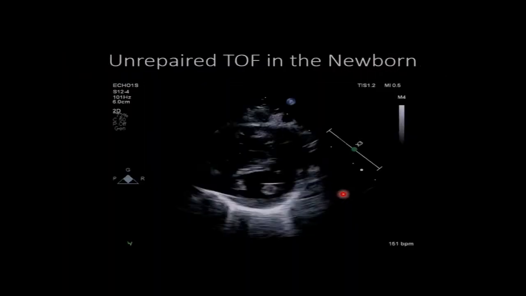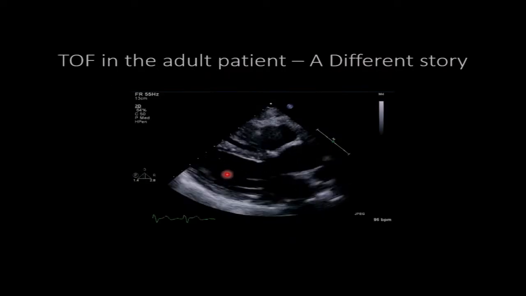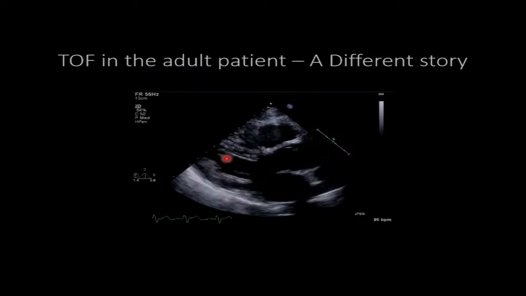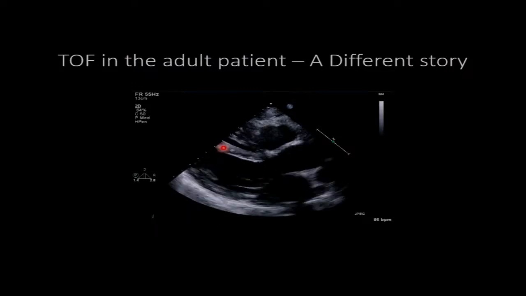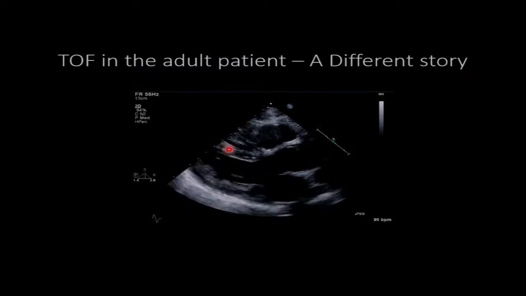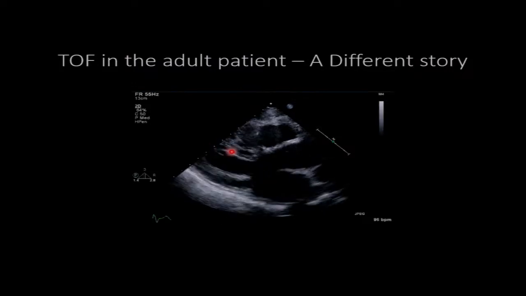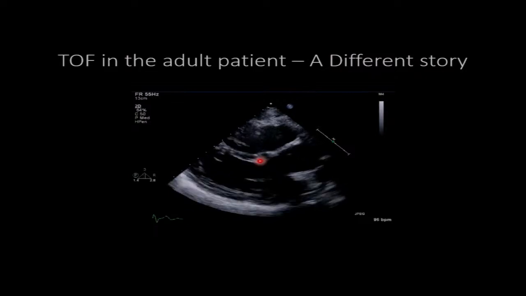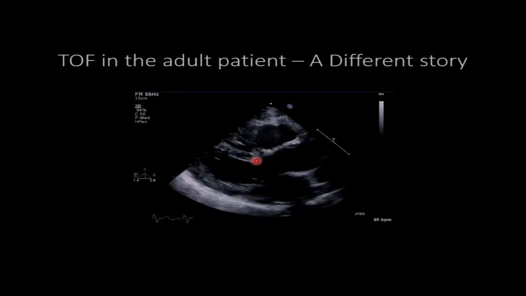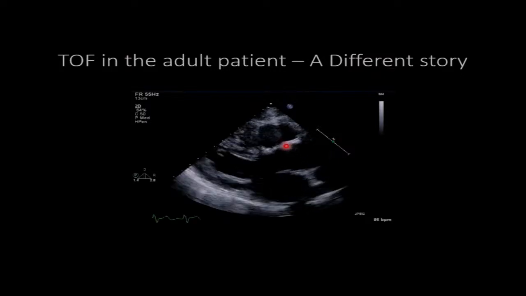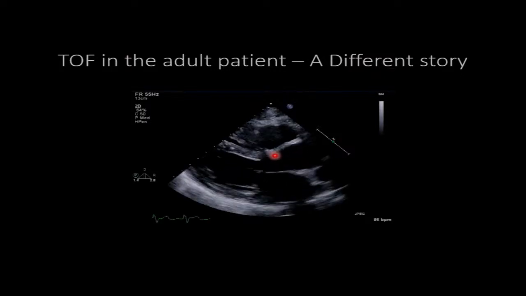So here, this is a patient with repaired tetralogy of Fallot, right? When you look at your parasternal long axis, if you really pay attention, you will see this is the interventricular septum, and this is the crest of the interventricular septum. This is the aortic valve here. And what do you see here?